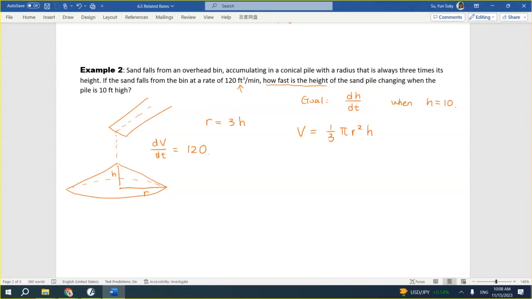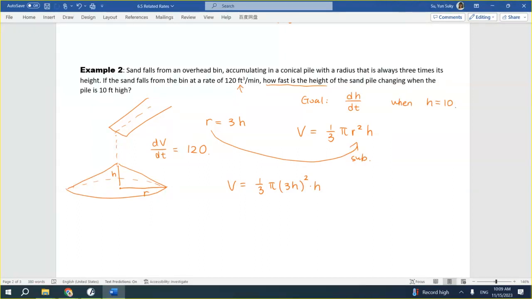So substitute r equals 3h. We get V is 1/3 pi, r is 3h, but it's r squared, and then times h. Okay. So we plug in. Can we simplify this?